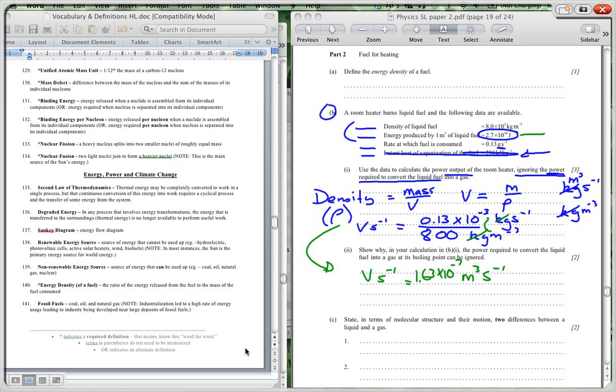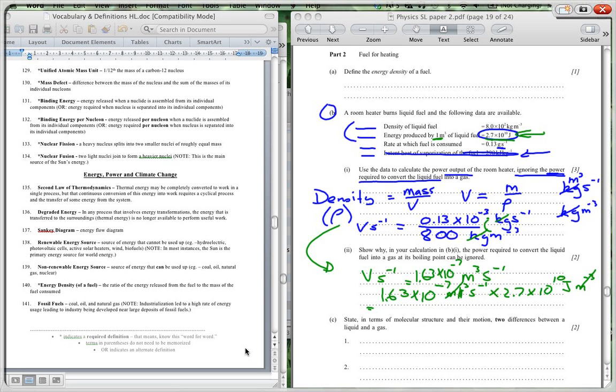And here I've got my energy per meter cubed. So my energy per second is this value times this, because this is per meter cubed. I take 1.63 times 10 to the negative 7 meters cubed per second and multiply it by 2.7 times 10 to the 10 joules per meter cubed, so the meters cubed cancel, and I get joules per second, which is power.